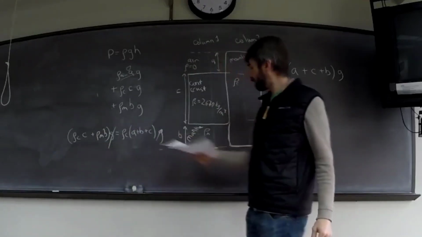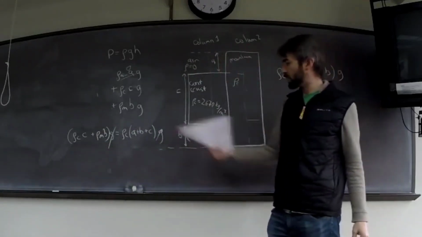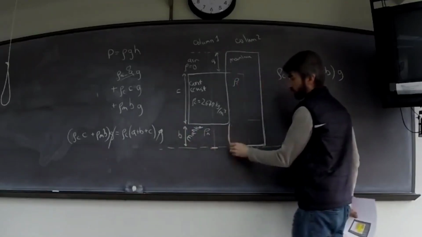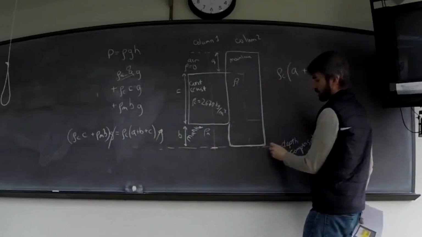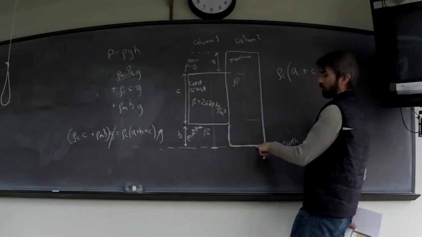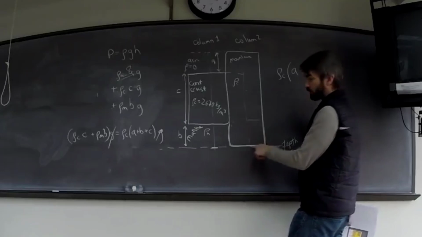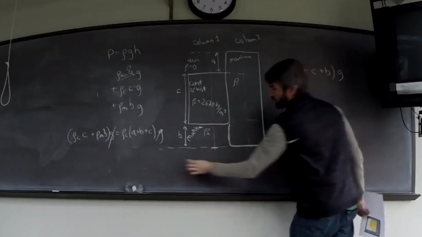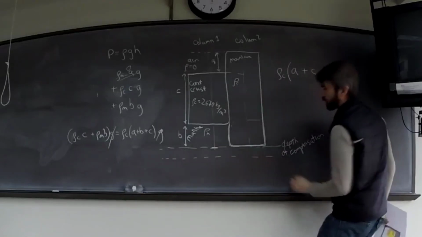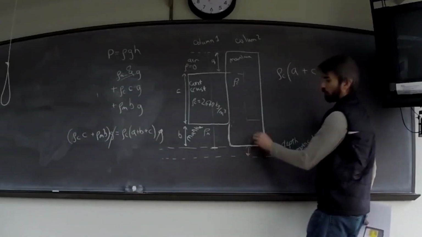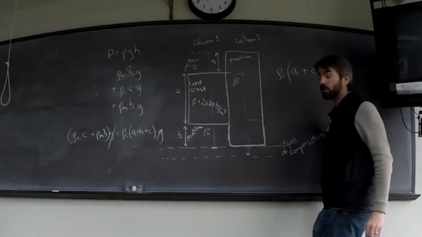And now we're going to solve for the thickness of the root, which is B. Notice that I use the same thickness for the mantle and the root because I chose to calculate the pressure in each column at the bottom of my root. So the only thing here is mantle, the only thing here is continental crust. You don't necessarily want to choose a depth here because now you have an extra thickness of mantle below your continental crust that you don't know.